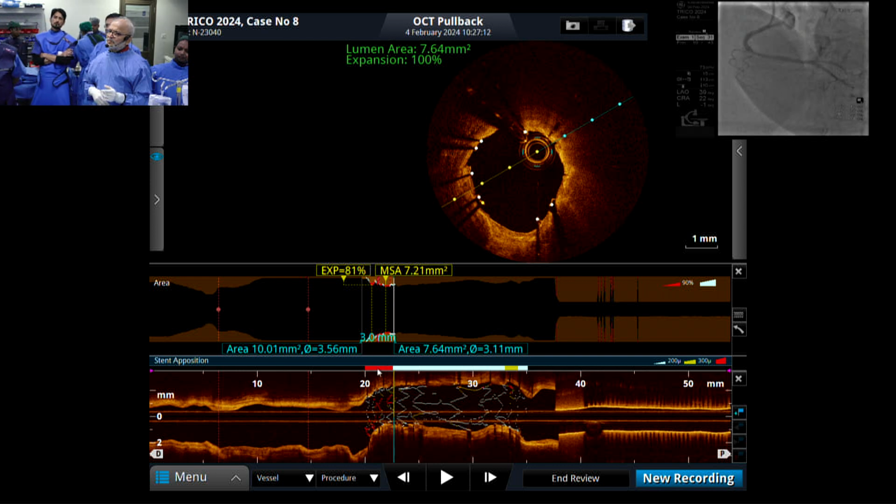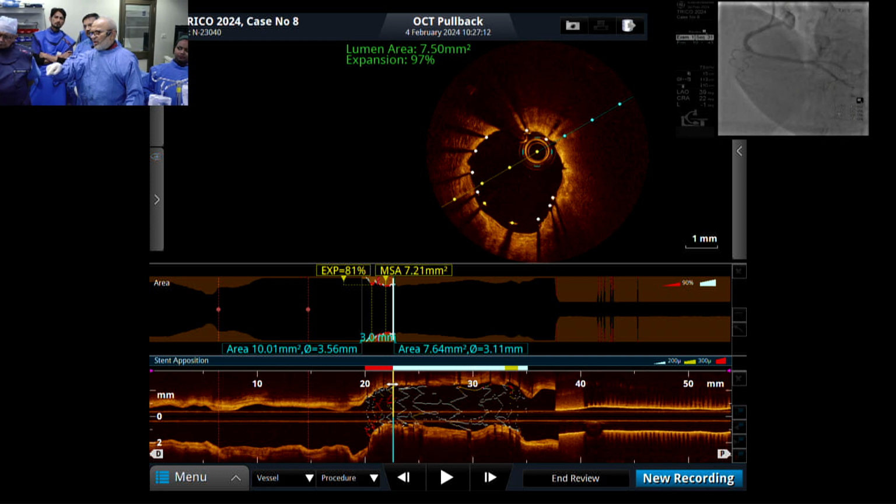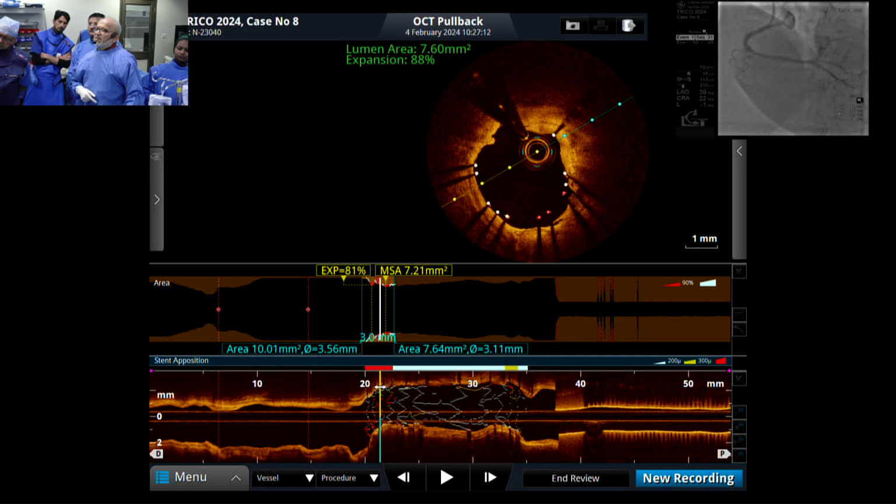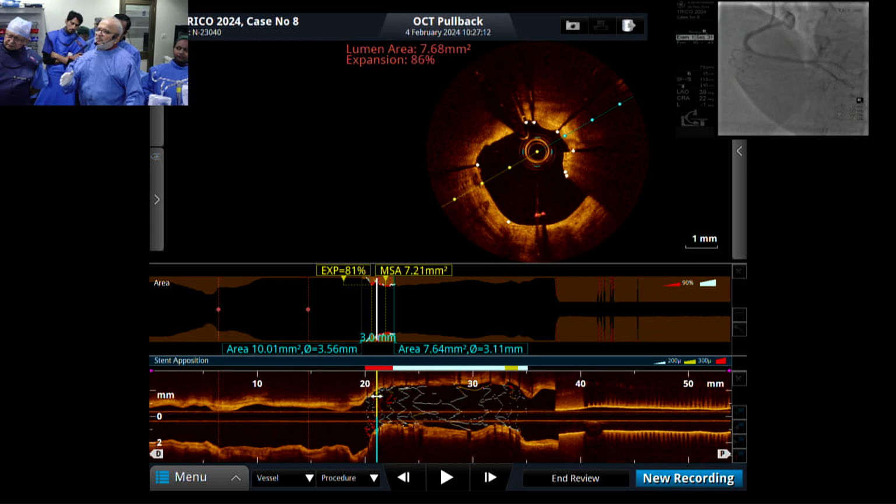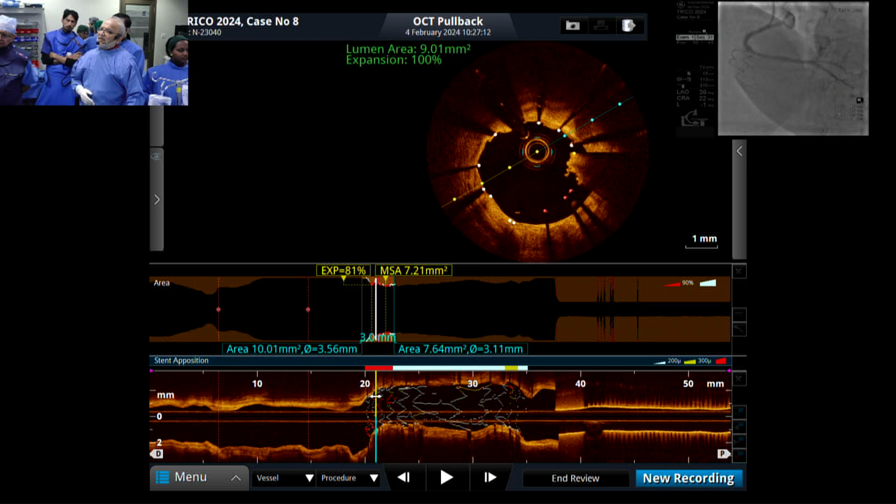You can identify the incomplete apposition by red color, right? That's on 3 millimeter from the distal edge. And where is the extremely objectionable malapposition? It's a very small area. Area more than 400 microns, right? Malapposition, yes, more than 400 microns. It might be very difficult to get a complete apposition, absolutely.